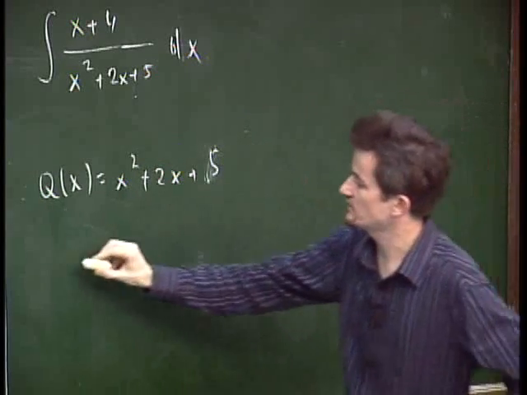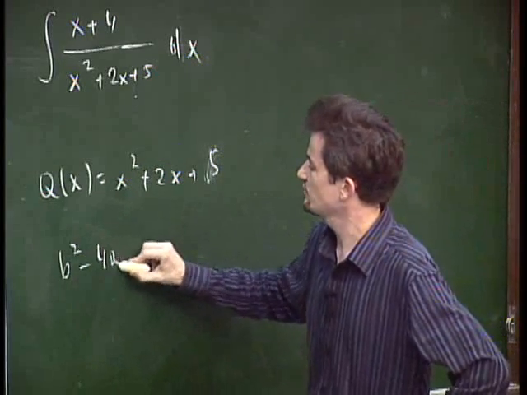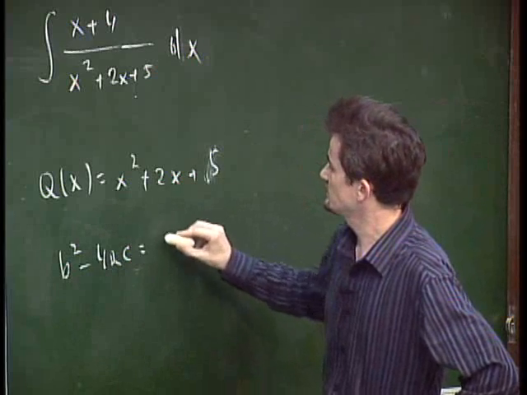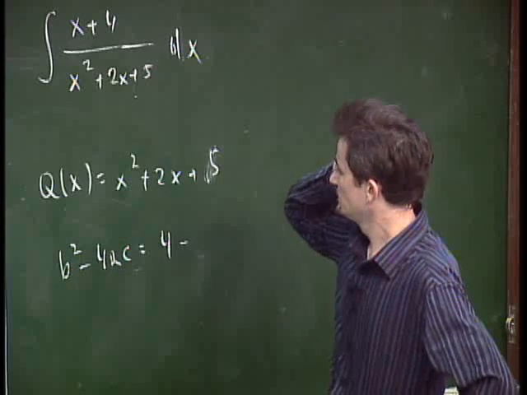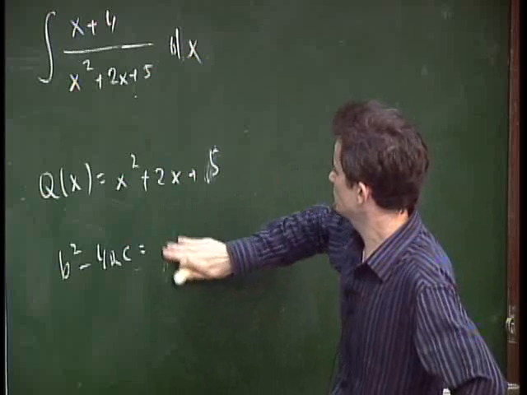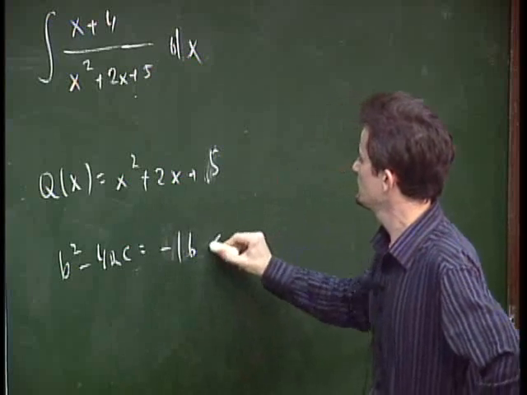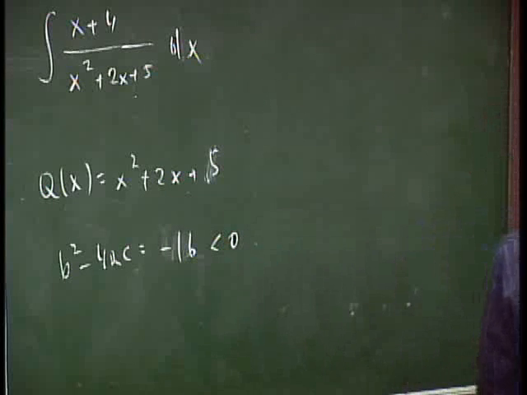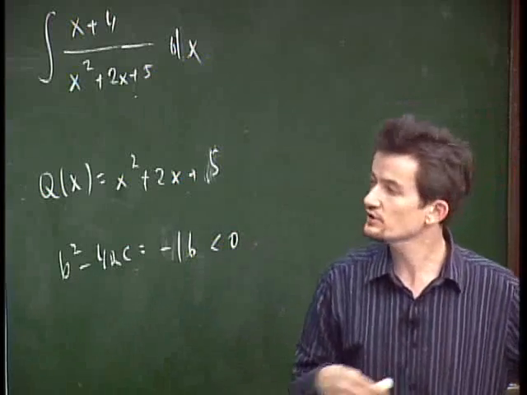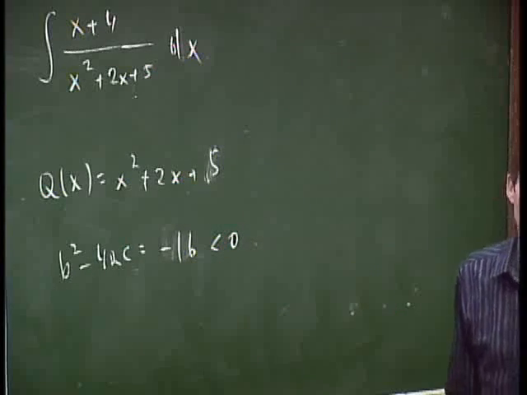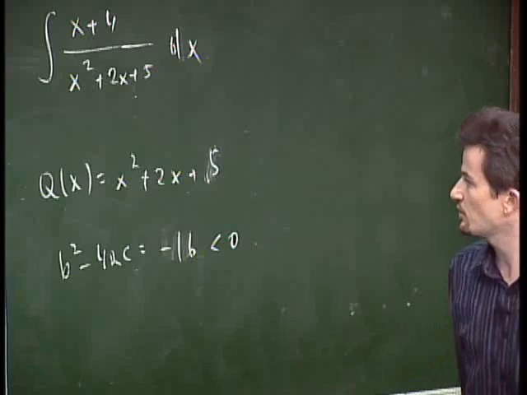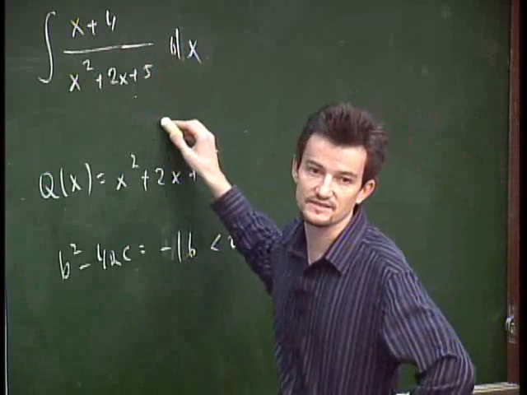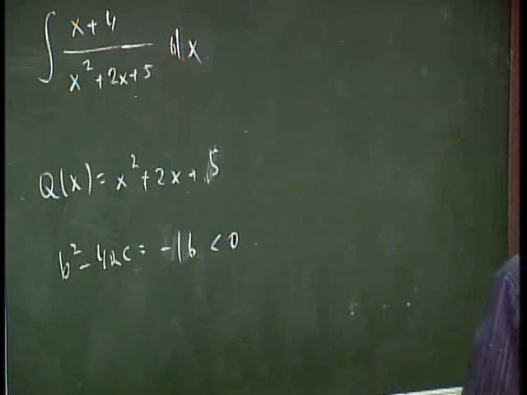But you observe that b squared minus 4ac, which is 4 minus 20, so minus 16, is smaller than 0. So actually this is already an irreducible quadratic polynomial, so we cannot simplify this by writing it in terms of partial fractions.